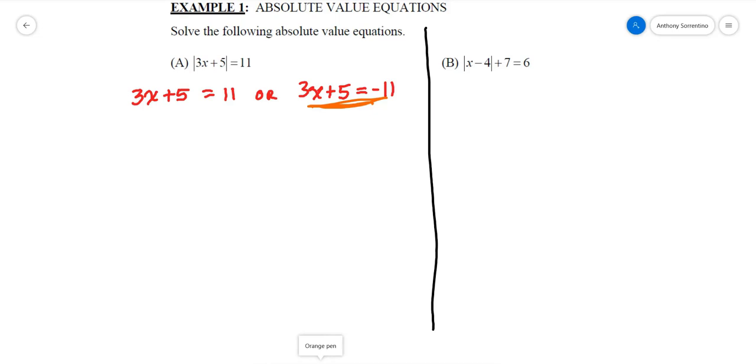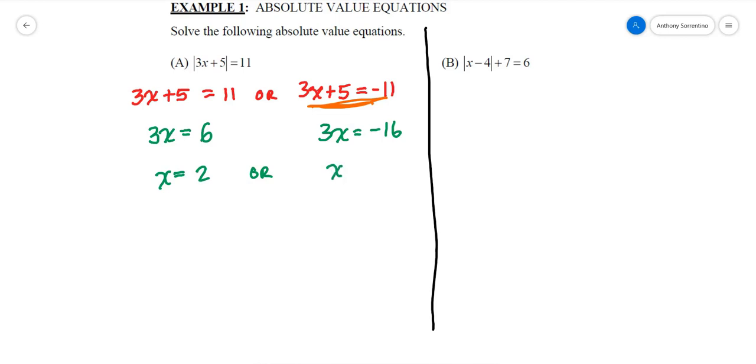So at this point, all I'm going to do is just solve the two equations. So I'm going to subtract 5 from both sides on both equations. I subtract 5 on the left-hand equation on both sides, I get a 6. I subtract 5 from both sides on the right equation, I get a negative 16. I then divide both sides by 3 on both equations. Doing that on the left equation gives me a 2.